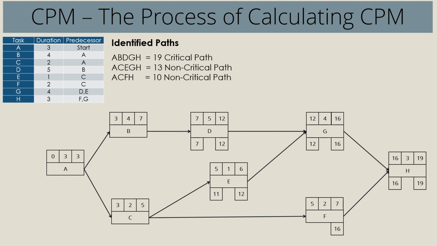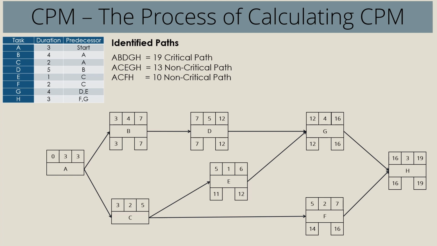Again, for activity F we have LF as 16. LS for activity F will be 16 minus 2, which gets 14. For activity B, we have only one arrow being led by activity D. So LF for activity B will be the LS of activity D, which is 12 minus 5 equals 7.